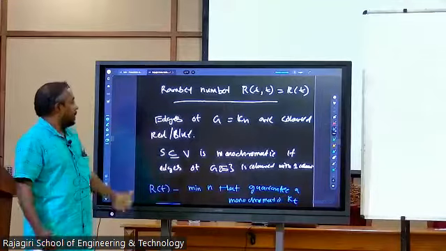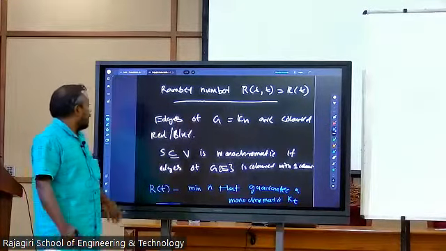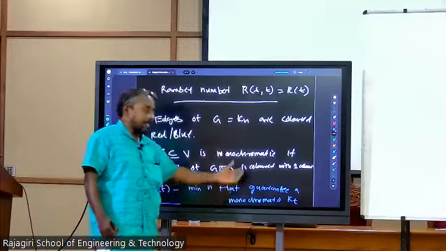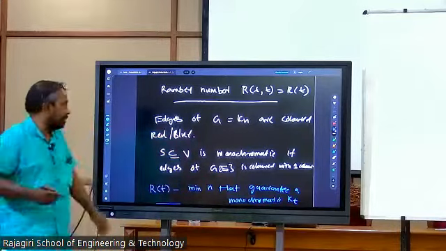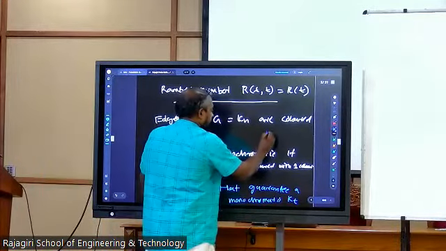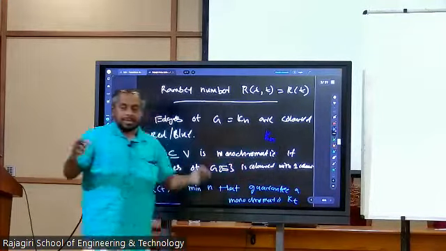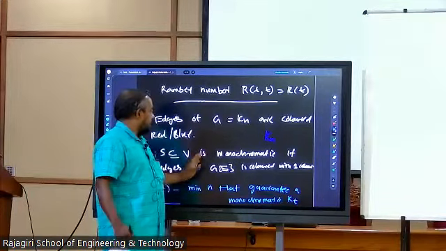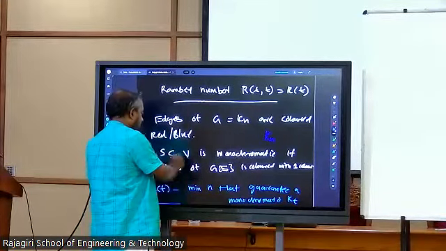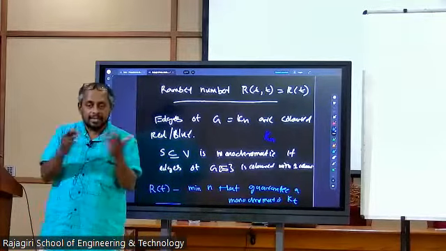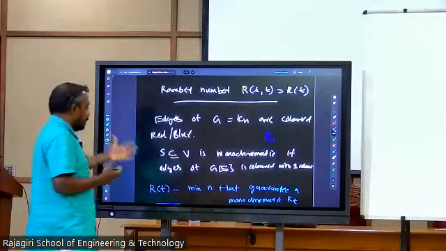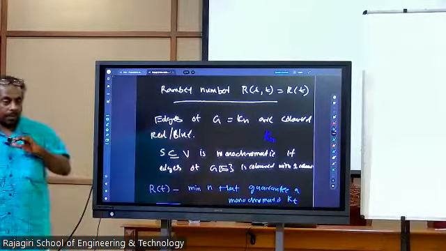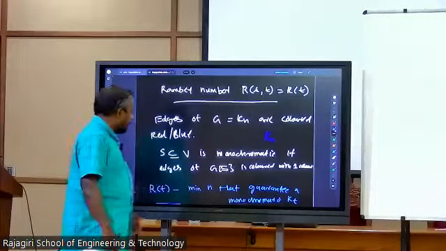So let me define it formally. The Ramsey number R(t) is the smallest n that guarantees that if you take a complete graph on n vertices and color all its edges with red or blue, then there is going to be a complete graph on t vertices, a subset of t vertices, where the complete graph induced by this is colored either all red or all blue, which is called monochromatic.